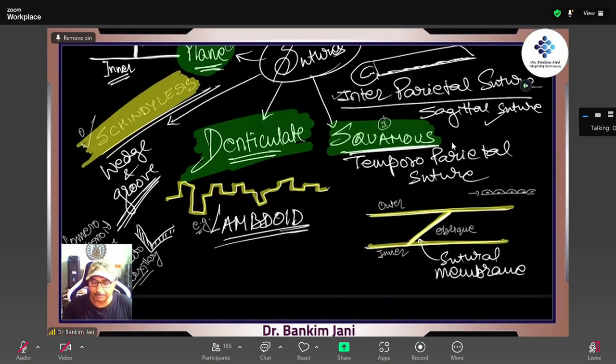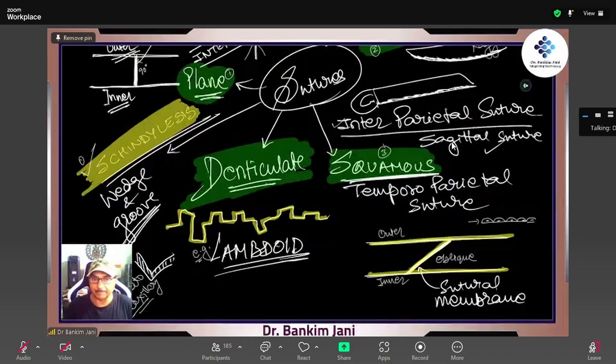So this is the temporoparietal suture. Remember temporoparietal. Where is the temple? Temple, ears, so that is the temporal bone. Parietal is this, so temporoparietal.